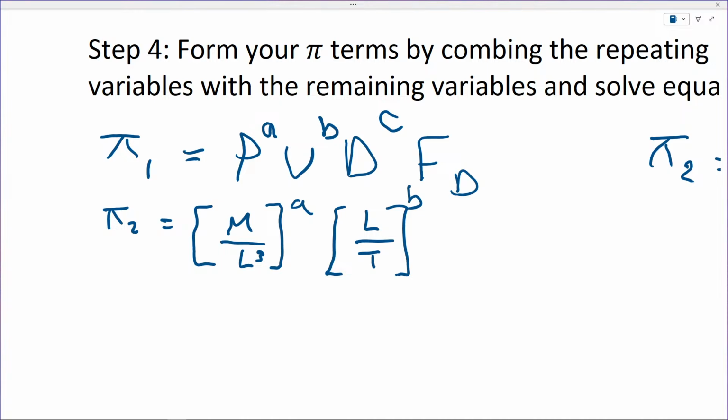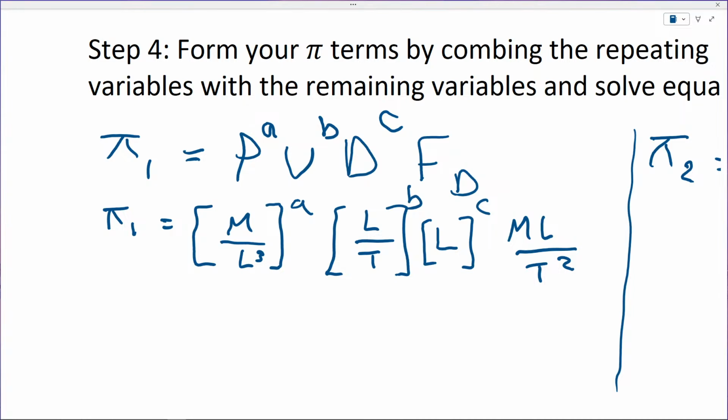And the diameter is just L to the power of c. And the force is m L over t squared, that is mass times acceleration. Oh, sorry, that's not Pi 2, this is Pi 1. We'll do the same for Pi 2 here.